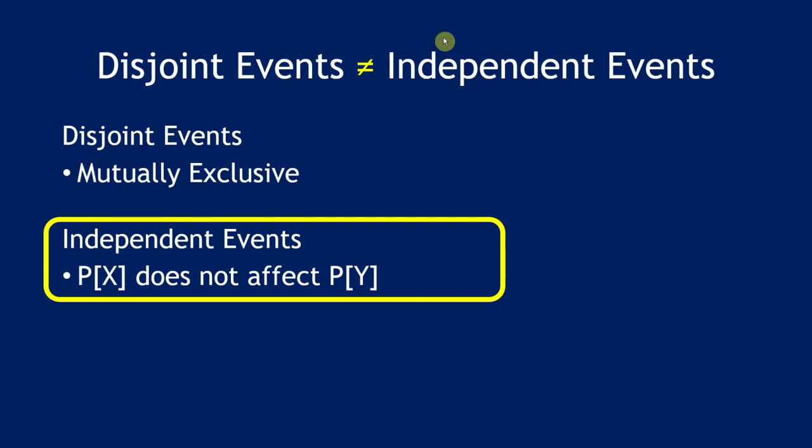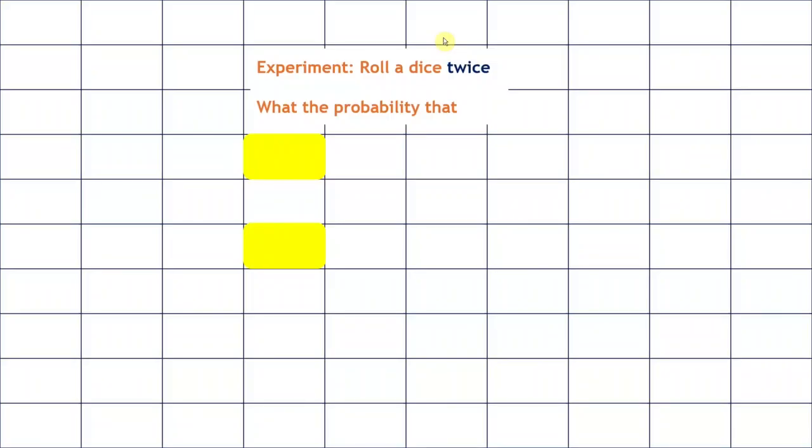The idea is that disjoint events are very different from independent events. You want to remember that. Hopefully the rest of the lecture will elaborate on the reason why these two are different, and you need to be able to recognize the differences.